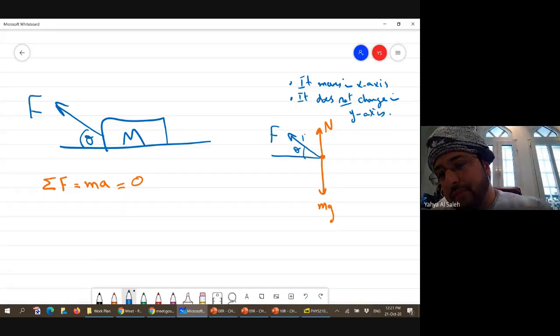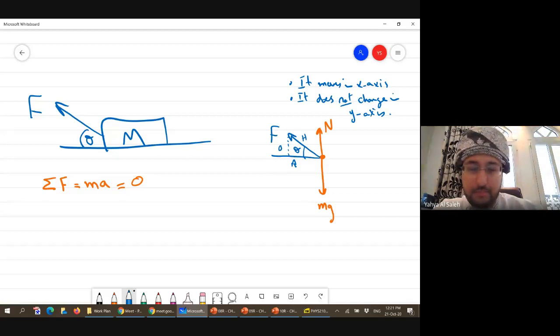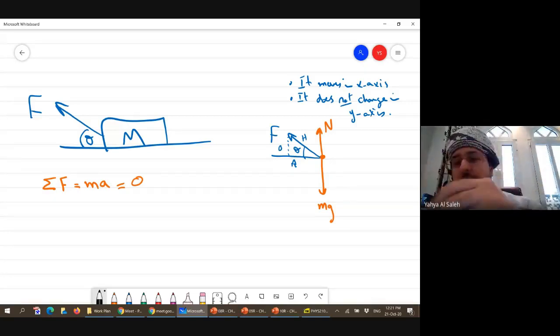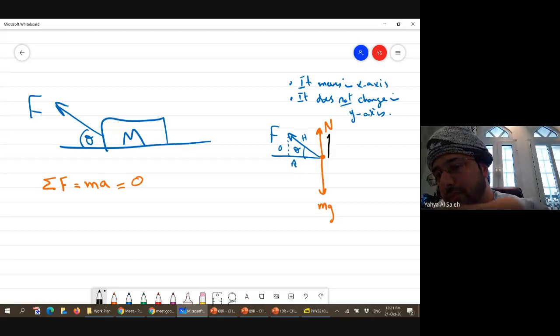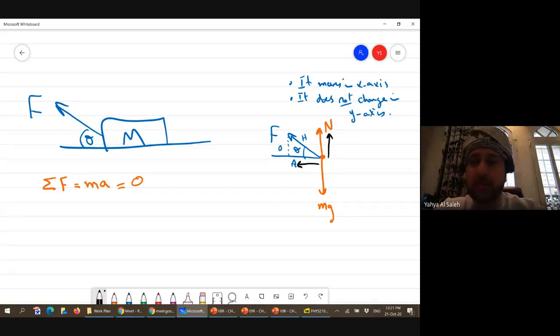So we have hypotenuse, opposite, adjacent. And I am going to break it down into components. Since it's going up in this direction, its components would be partially in this direction and partially in this direction. Yes?